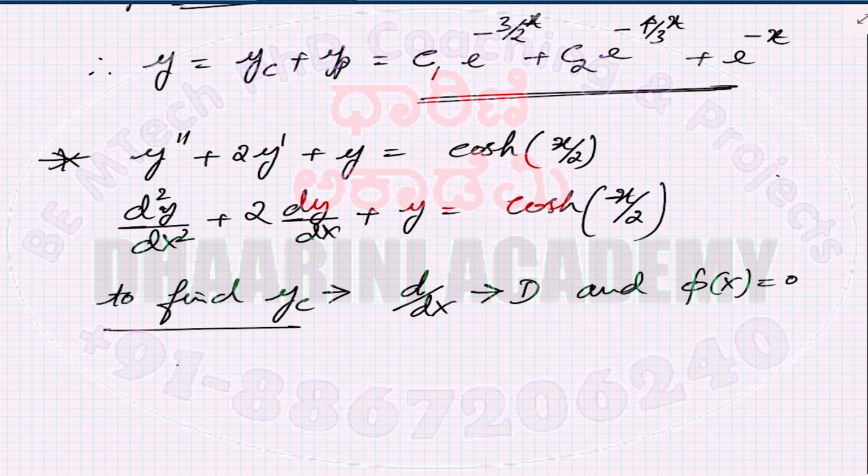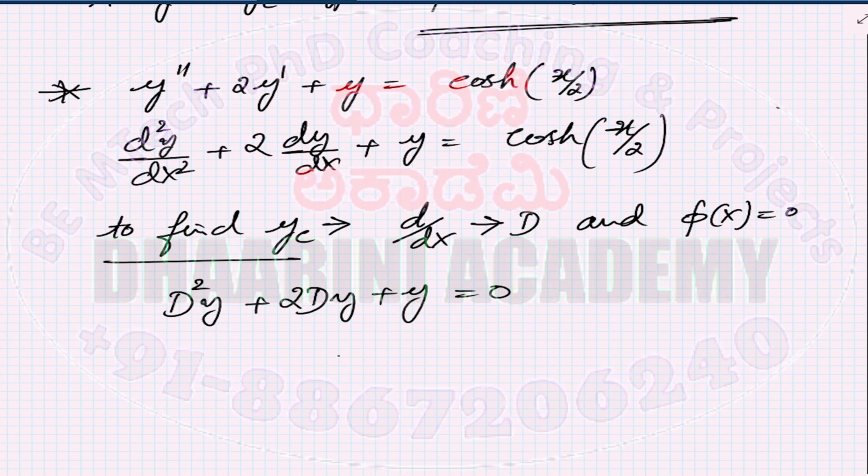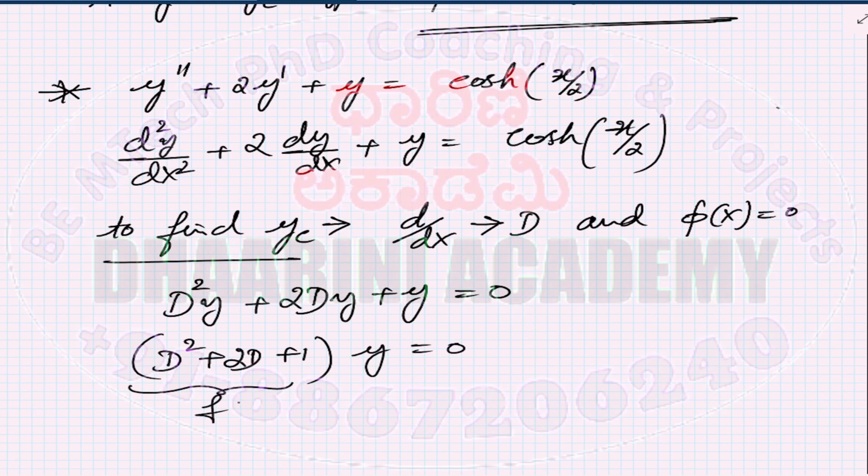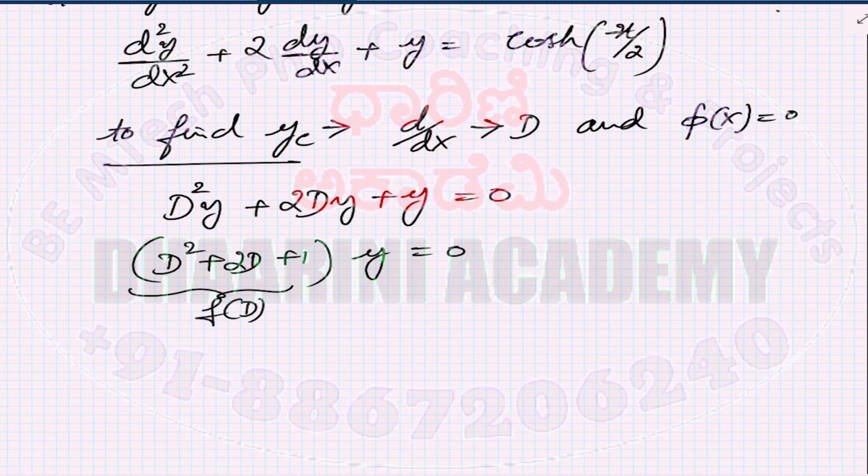So when you do that, I get d square y plus 2 capital D times y plus y equal to 0. So in the next step, I am supposed to take y outside. So d square plus 2d plus 1, this is the f of d, into y equal to 0.